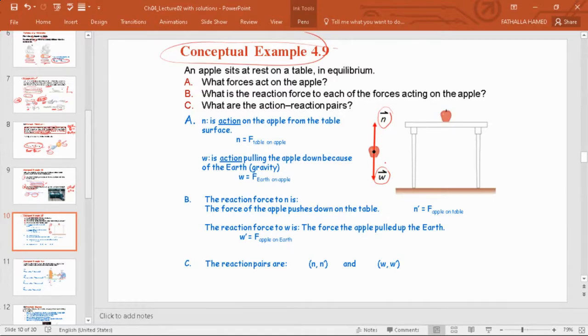So in A, they ask us about the forces that act on the apple. The forces that we see on the apple are basically the action. In this case, it's an action force because it is on the apple from the surface of the table. And we also see an action coming from the weight, and this is the force of the earth on the apple.